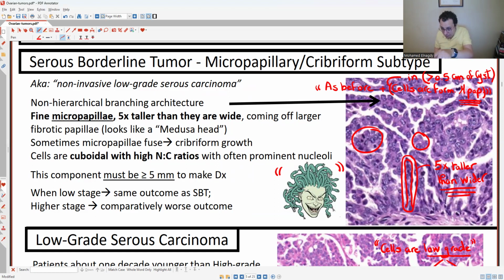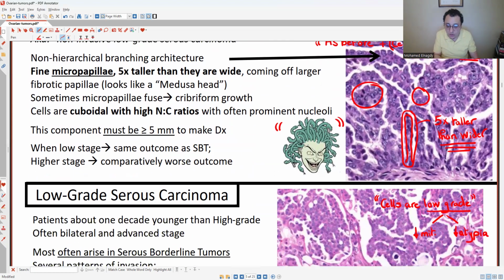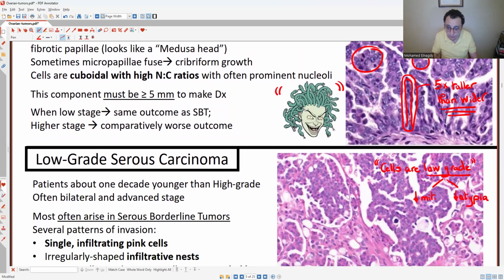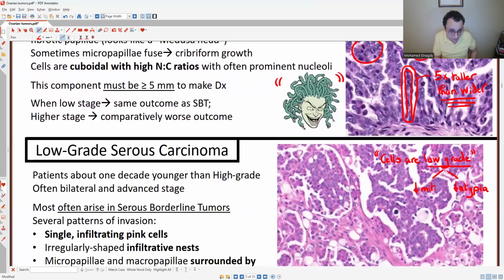The key microscopic fact here is that the micropapillae are usually taller than wider, about 5 times taller than wider. Not really important. That's why he's putting this evil head with snakes coming out from the head. Snakes, because snakes are taller than wider, so it looks kind of the same.